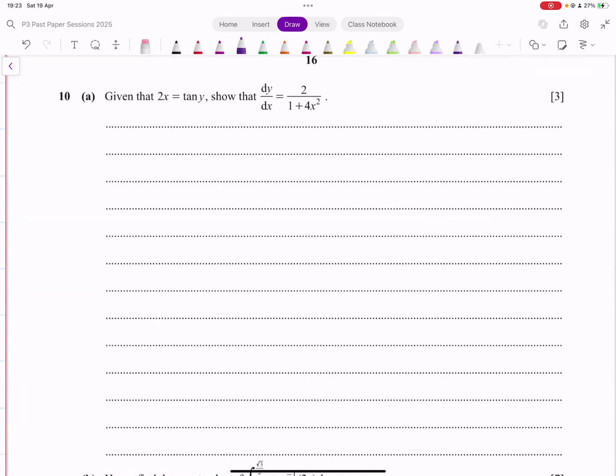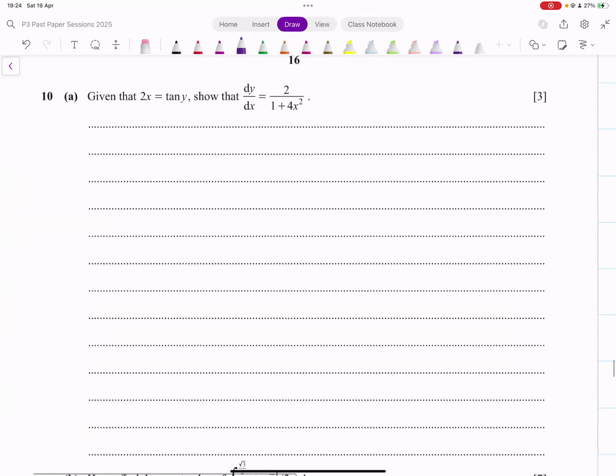So we need to show that dy over dx equals this. Now, how do we think about this? One idea is that we use implicit differentiation because y is not the subject. But the problem with that would be, if we use implicit differentiation here, we would end up getting something like this.